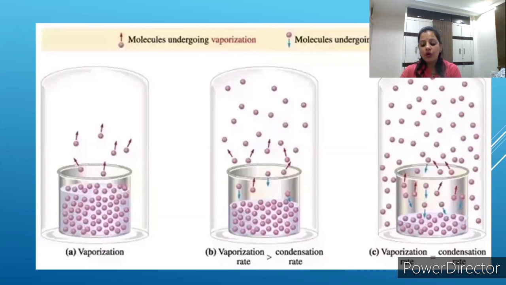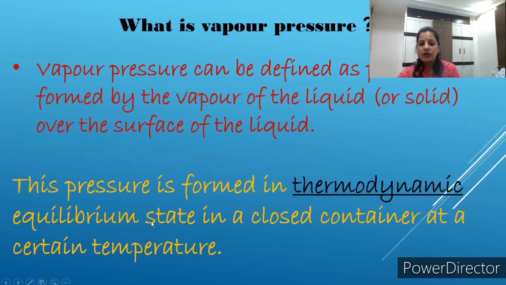Now let us understand what we mean by thermodynamic equilibrium. Thermal means related to heat. So we are saying that this pressure is formed in a thermodynamic equilibrium state in a closed container at a certain temperature.